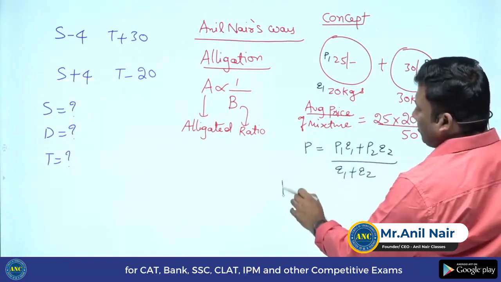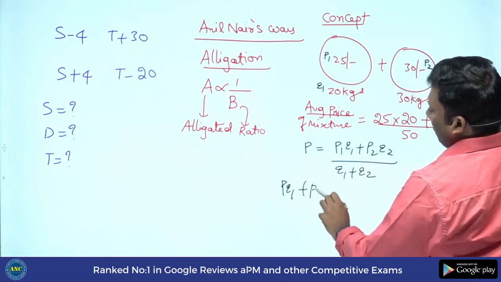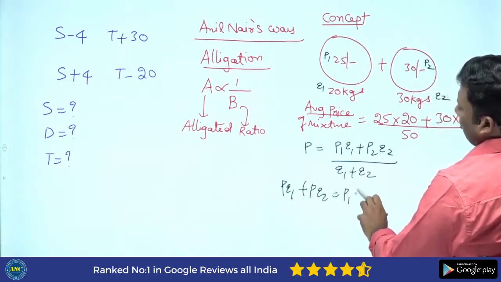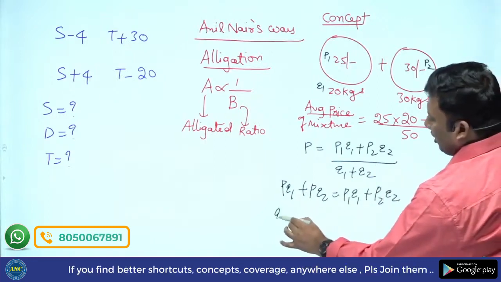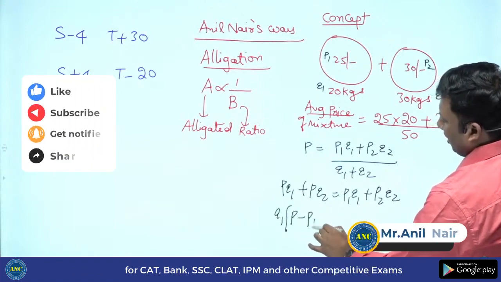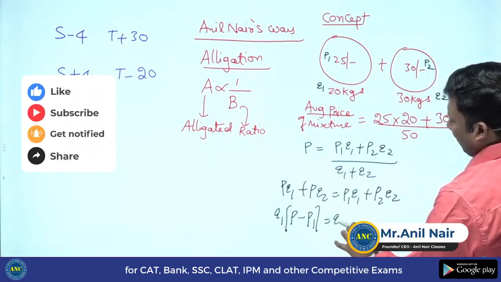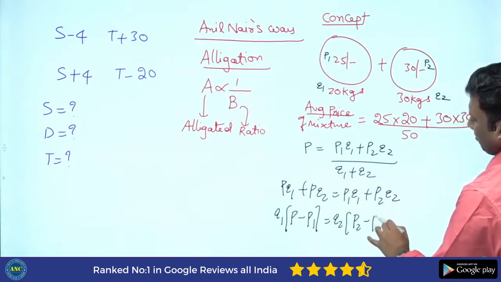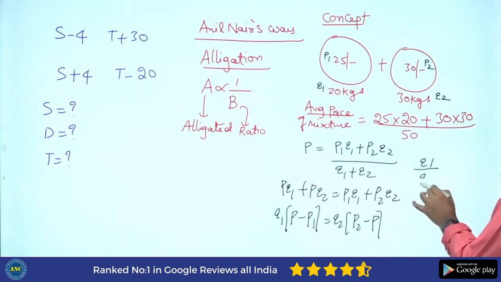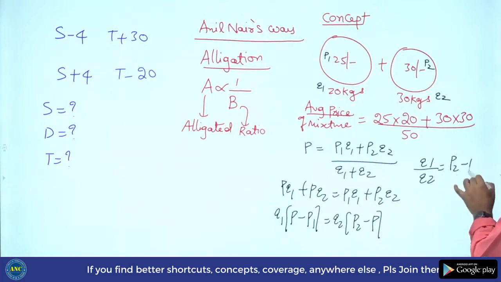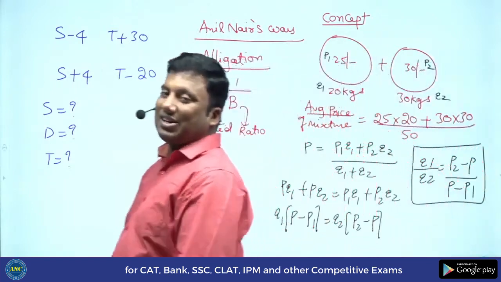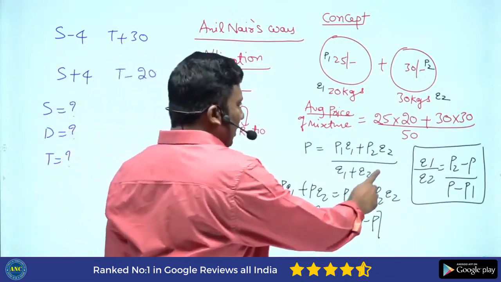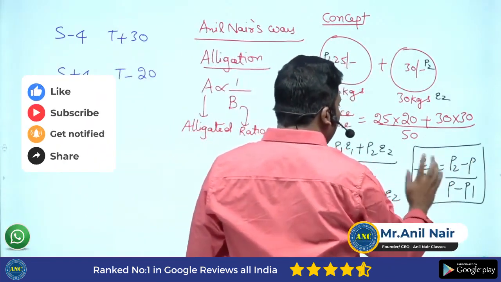Cross multiplying, P Q1 plus P Q2 equals P1 Q1 plus P2 Q2. Taking common factors, Q1 times (P minus P1) equals Q2 times (P2 minus P). That means Q1 by Q2 equals (P2 minus P) by (P minus P1). Is this concept clear?